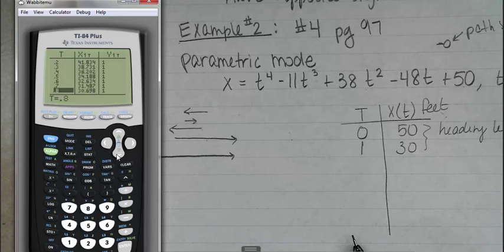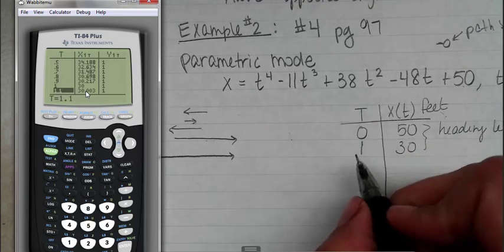My distance from the y-axis is getting smaller. I think it just got bigger, right? It went from 30 to 30.003. Now, that's not very far, so I'm pretty happy with the fact that at 1.1 seconds, this thing turns right. Okay, it turns back around.